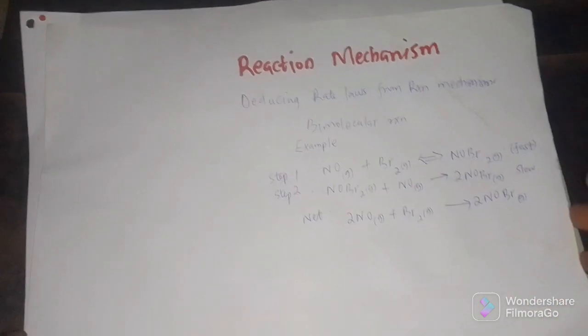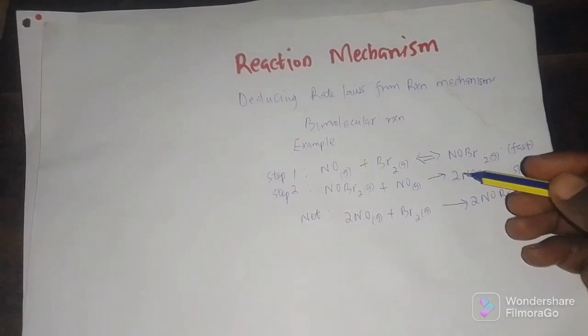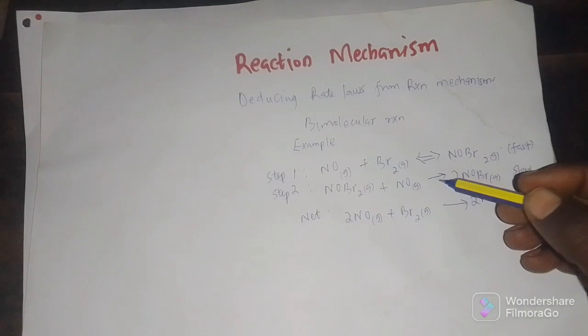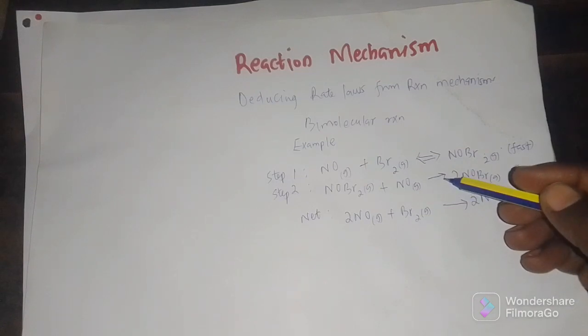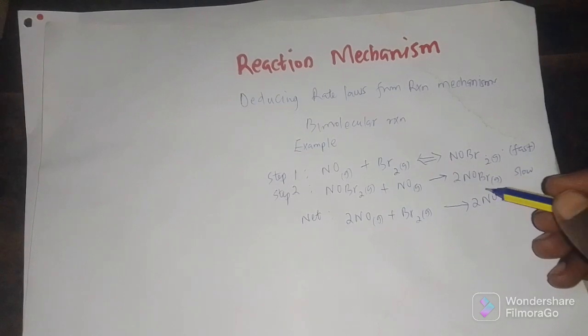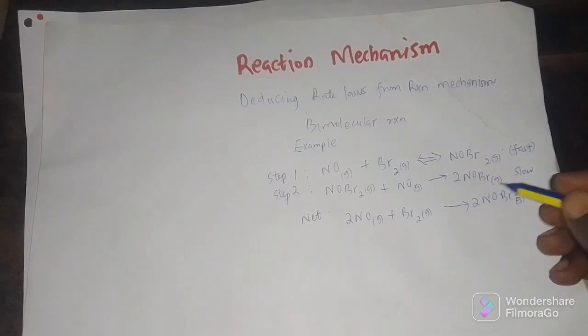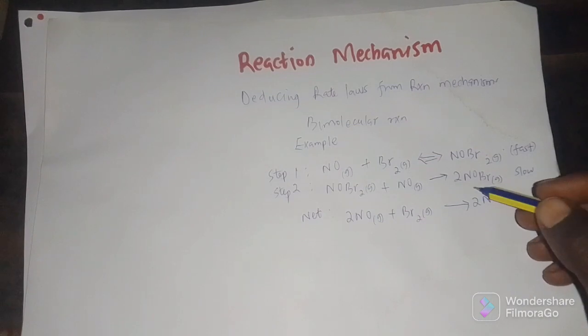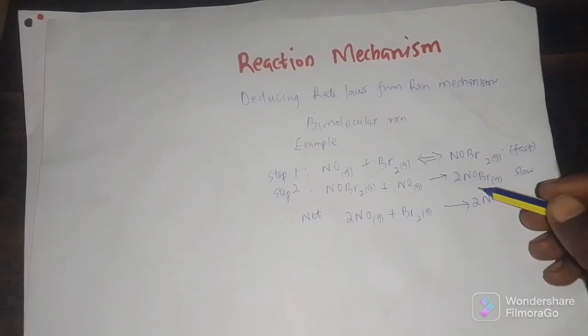Now, when we want to determine the rate law of a bimolecular reaction, and you are given a reaction mechanism, the slowest step of that reaction mechanism determines the rate law. The slowest step is the rate determining step. We have step 2 as the slowest step, the rate determining step.